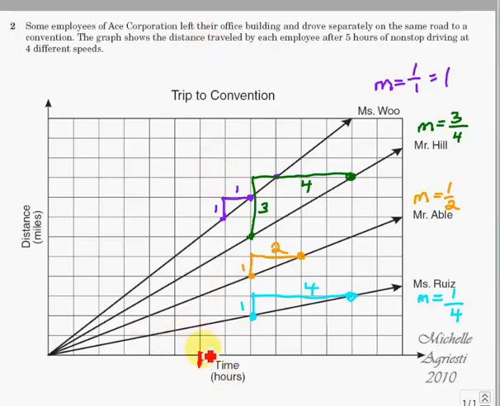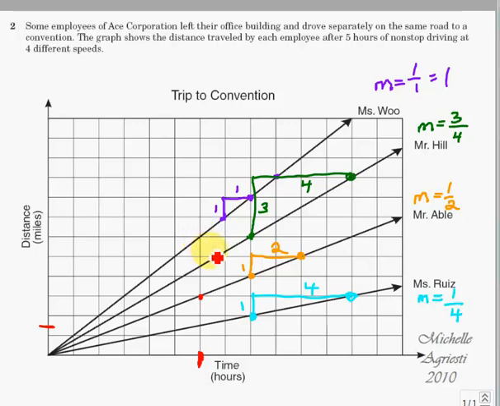So say this is 6 hours. Miss Ruiz has only gone this far. However, Mr. Abel here has gone about twice as far as she has. And Mr. Hill has gone even further, and Miss Wu the furthest at all. She's got a lead foot. She's going really fast.